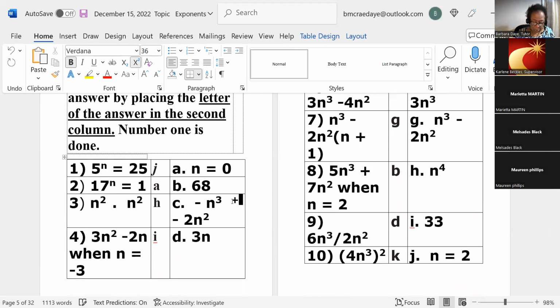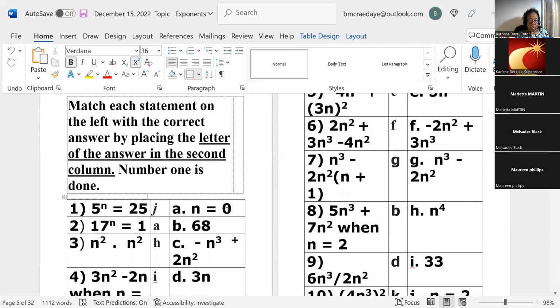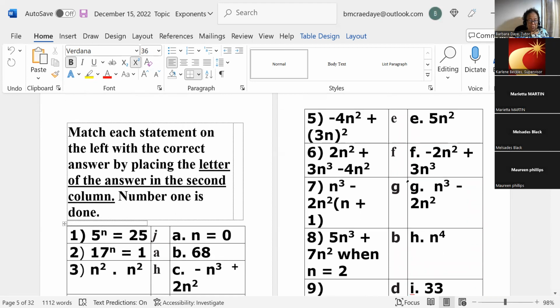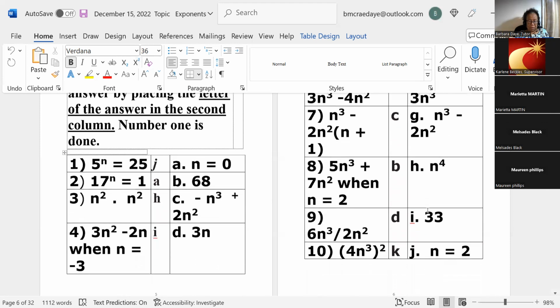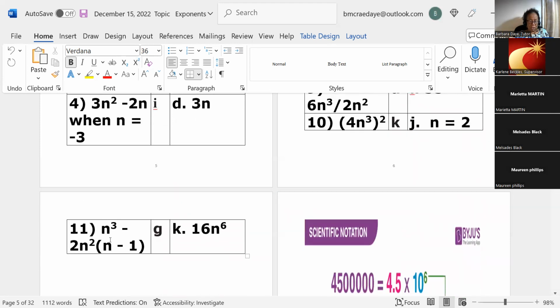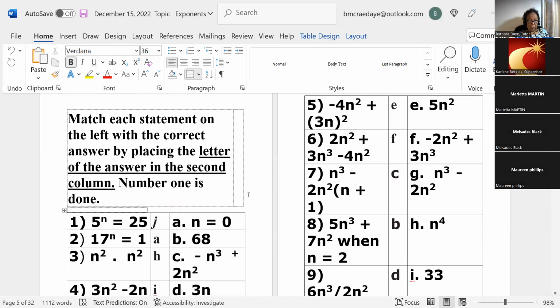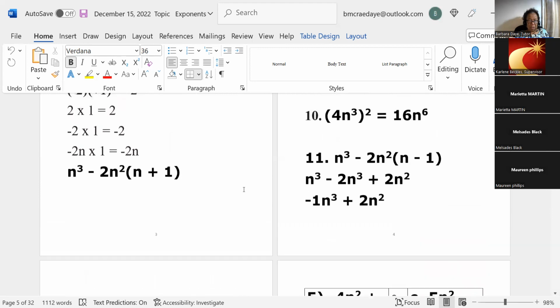So that's a plus. Okay. Minus n to the third plus 2 n to the second was C, and that's what we should have for 7. So 7 would be C. That means 11 is G. Okay, and that would be our answers. It shouldn't have been an n to the fourth.